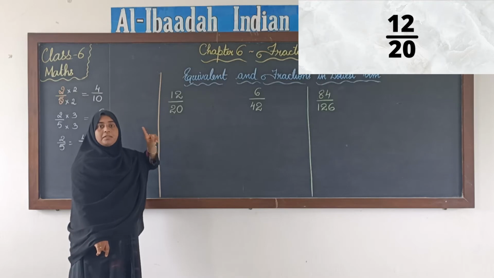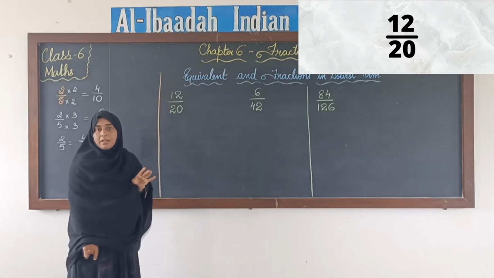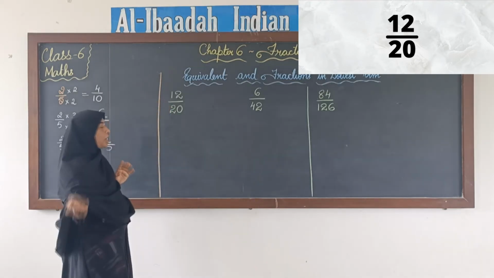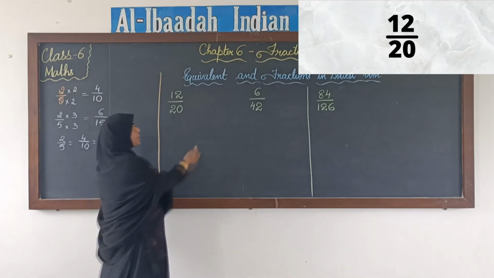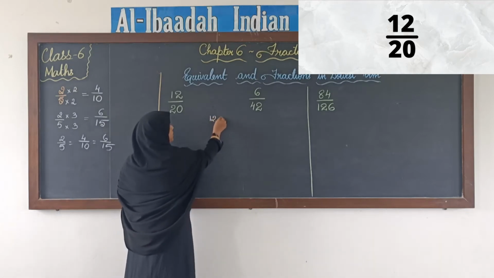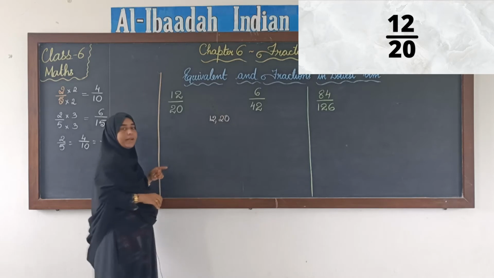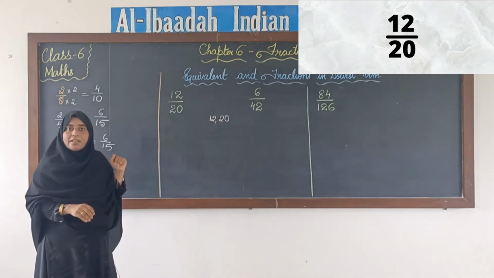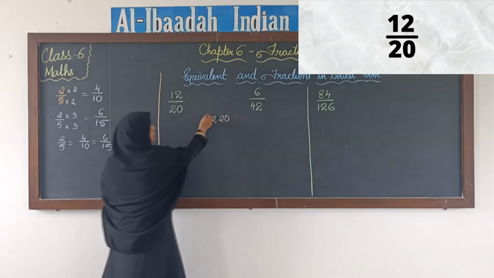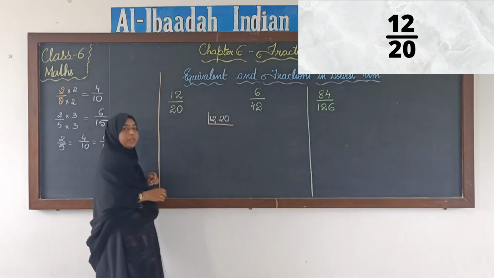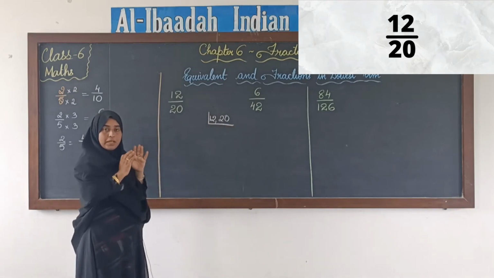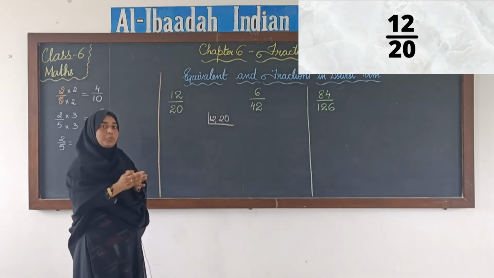One number that will divide both numerator and denominator. Okay. So, how do we find HCF? 12 and 20. Okay, we have to find HCF for 12 and 20. So, we will look for a number that will divide both. A number should divide 12 as well as 20.